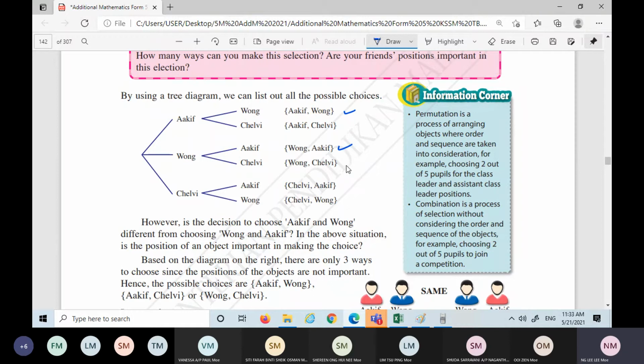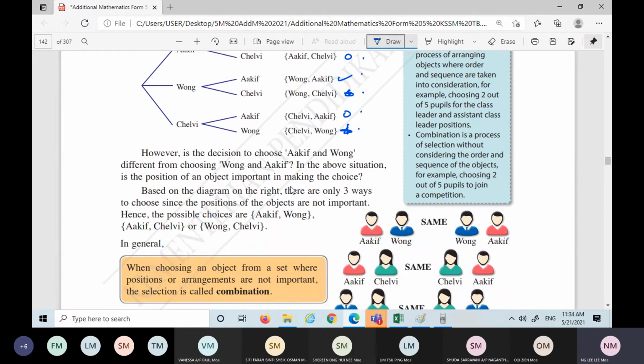This one and this one are the same. Then one more, this and this are the same. Therefore now you only have 1, 2, 3, 3 selections.